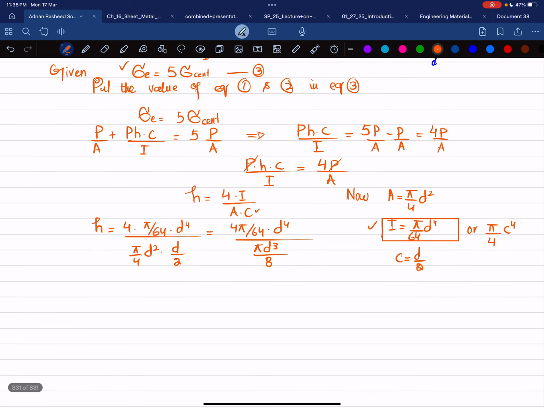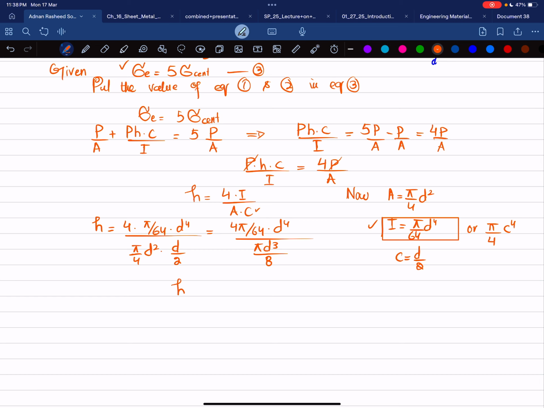Now if I further simplify it, this 8 will cancel with the 64. So we will get 4 pi over 8 d power 4 divided by pi d cube. Pi will cancel, and 4 1s are 4, 4 2s are 8. So 1 over 2 d power 4 divided by d cube, and when you solve it, you will get 1 over 2 times d.